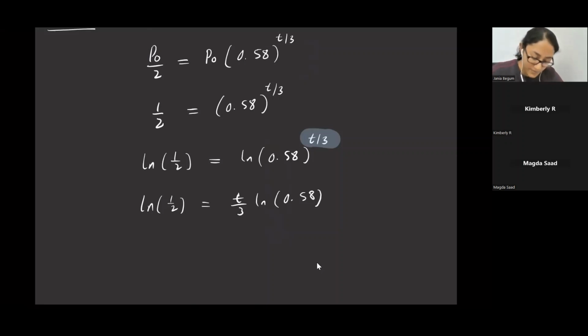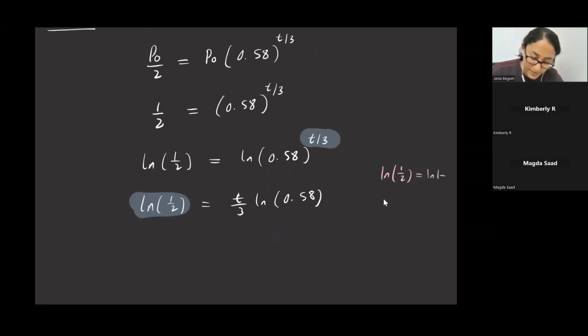Now you should also remember what this is. Magda, do you know what ln of 1/2 is? You have to take the ln on both sides. Well, you separate it by using the laws, right? ln of 1 over 2.